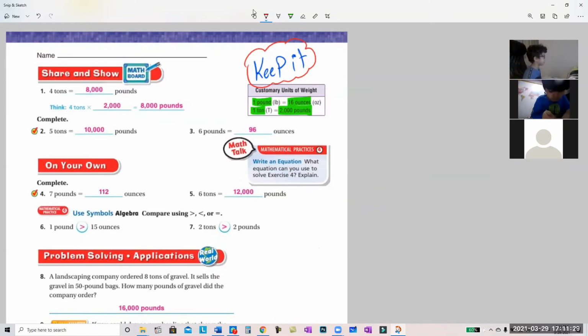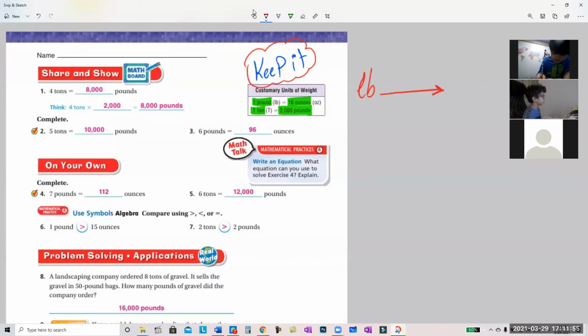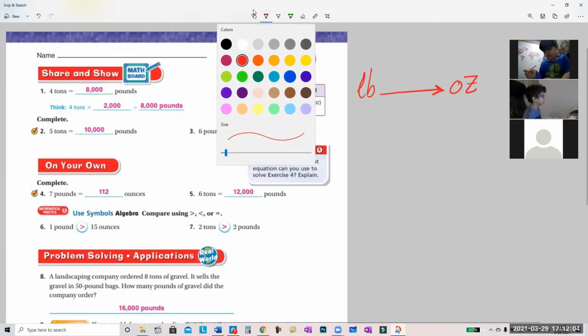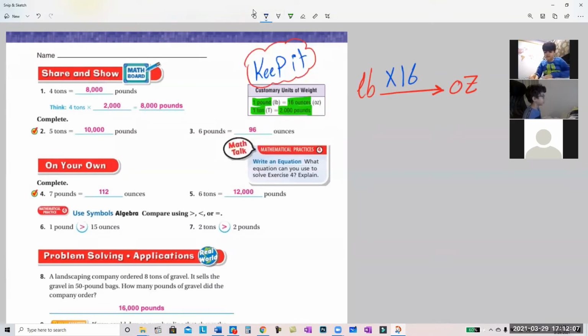So if you need to convert from pounds to ounces, we have some abbreviations here. The abbreviation of pound is LB, and the abbreviation of ounces is OZ. So you have to multiply by 16 here to convert from pounds to ounces.